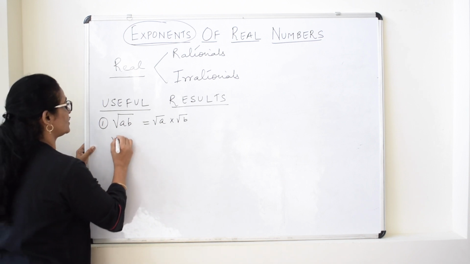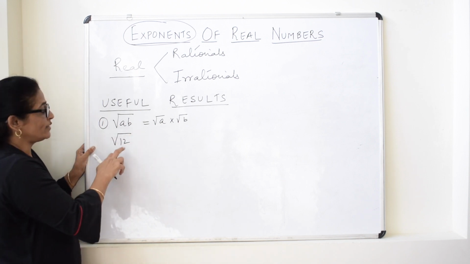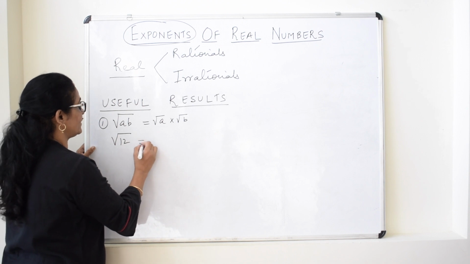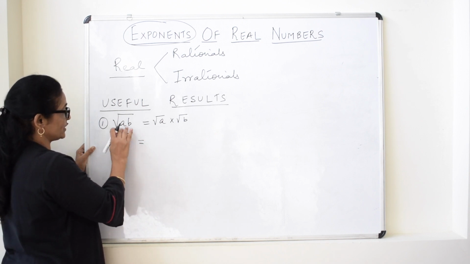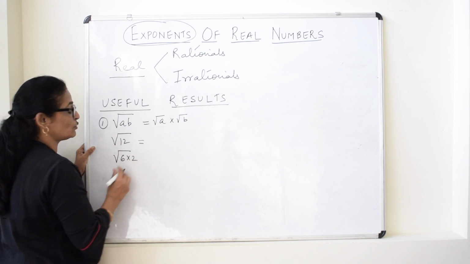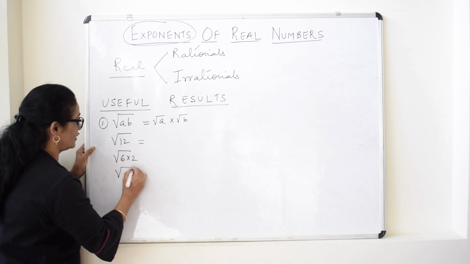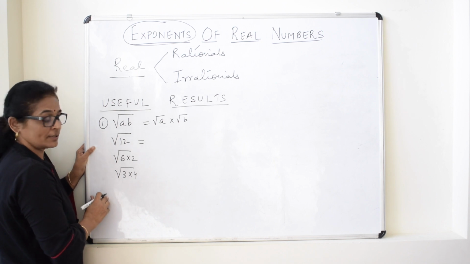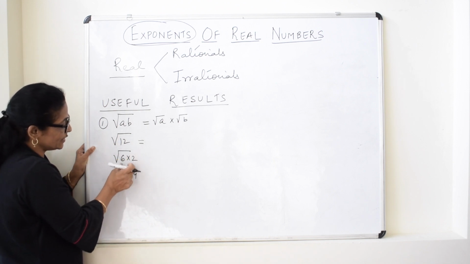Means if you have a number under root of 12, you can split it. This is 12, so this is the product of two numbers, say 6 into 2, or under root of 3 into 4. The same number is written in this form.